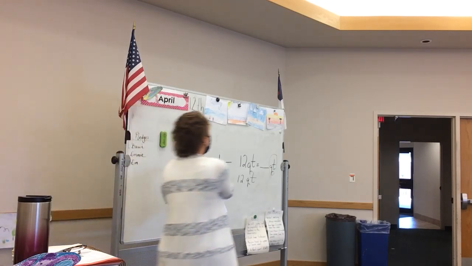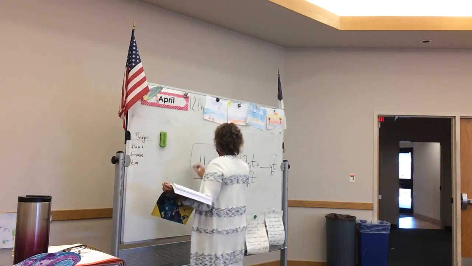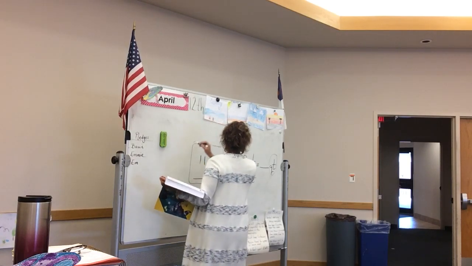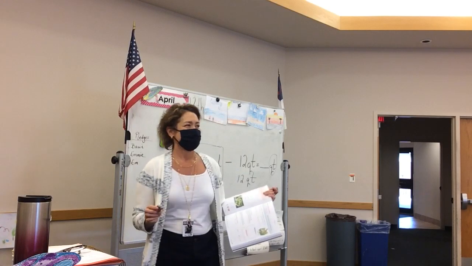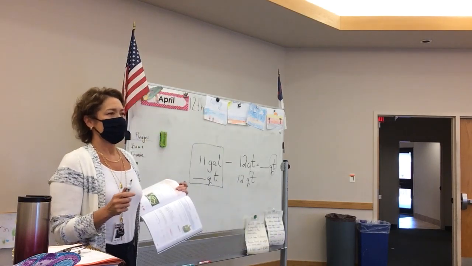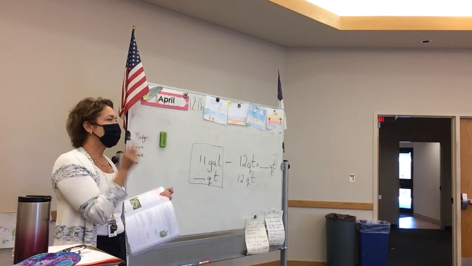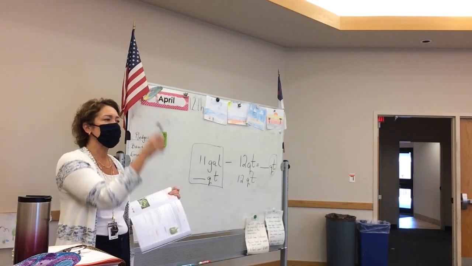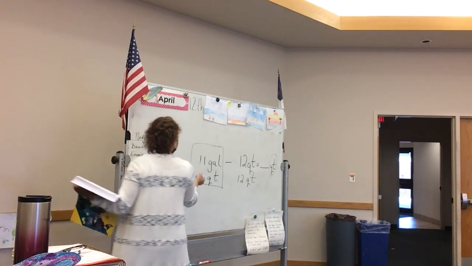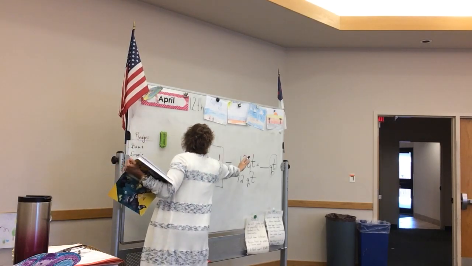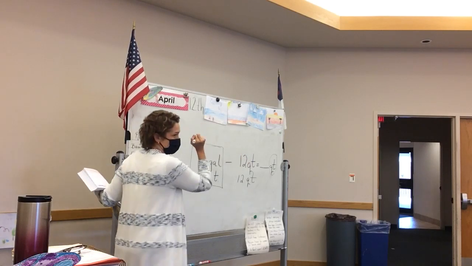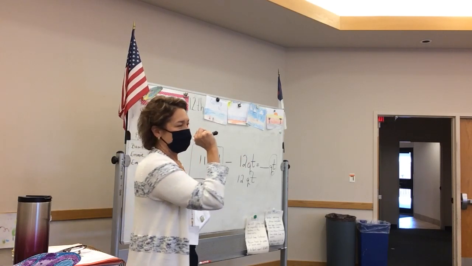Oh, yes. Very good. Why am I putting a box around that one? Cole. Because they're two different measurements. Beautiful. They're different measurements, so you put the box. This is what we're focusing on. Not this, that one.